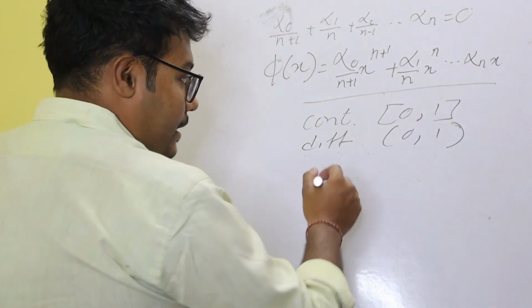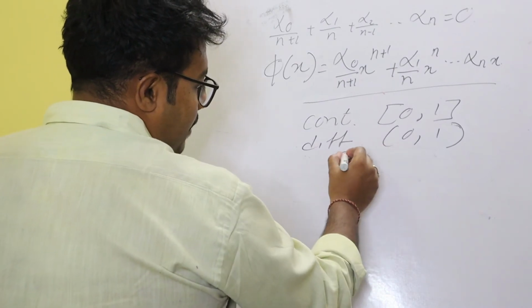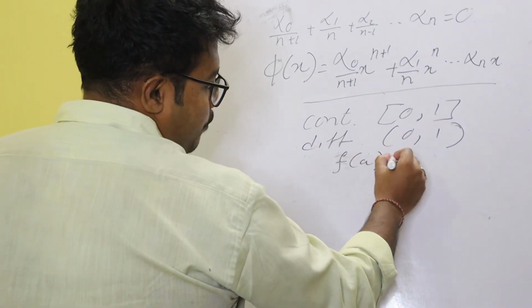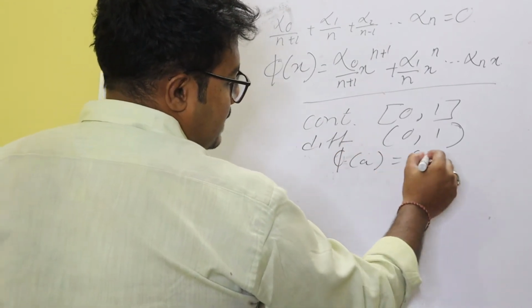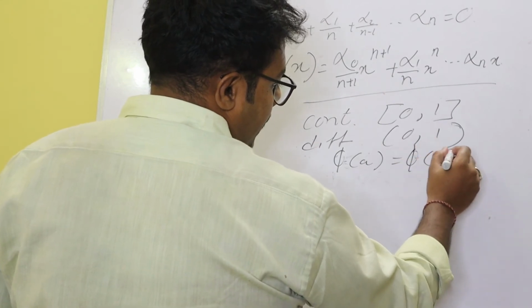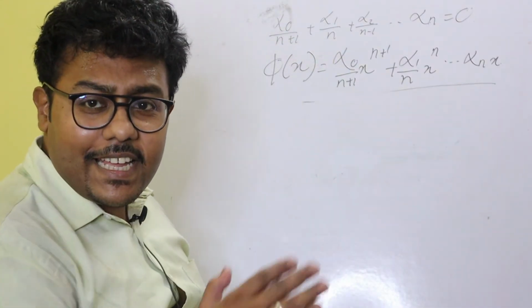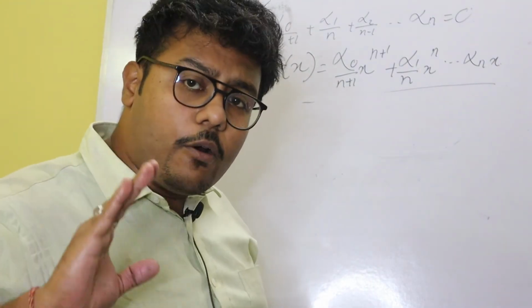And there will be a point x, and there will be two points A and B for which this holds. Now see friends, this is a polynomial function, right? What does it mean?